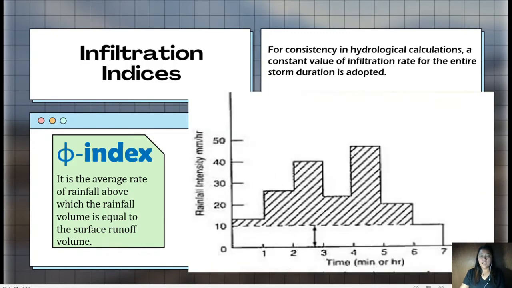Based on this hyetograph, to determine the phi index, a horizontal line is drawn on the hyetograph such that the shaded area above that line is equal to the volume of surface runoff, while the unshaded area represents all the losses, including interception, depression storage, and infiltration, but it is assumed that all these losses are due to infiltration losses only.